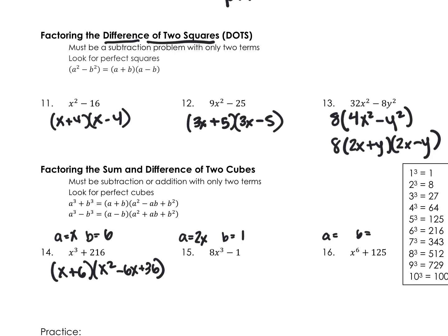So now we're going to do A minus B. A squared, when you square 2x, you have to square both parts. So that will be 4x squared. Minus A times B, so 2x, plus B squared, 1 squared is 1.